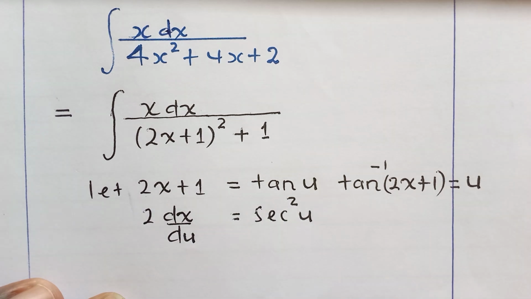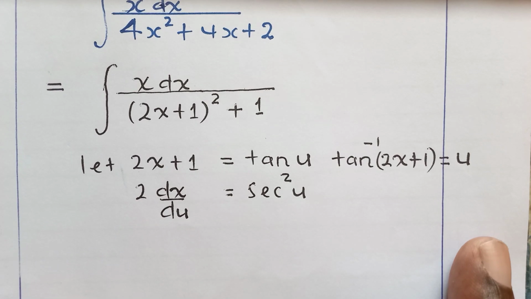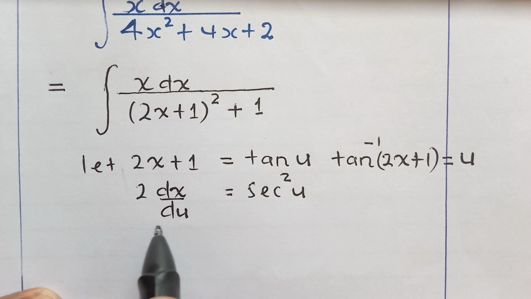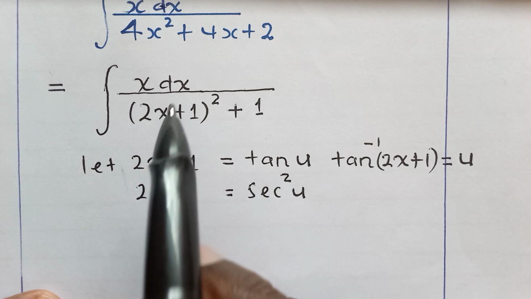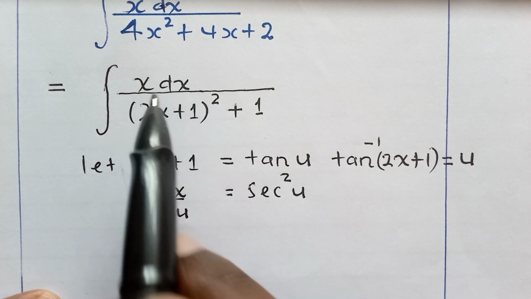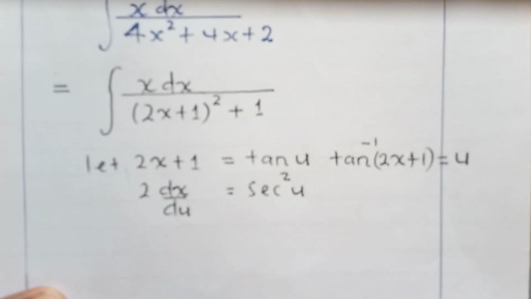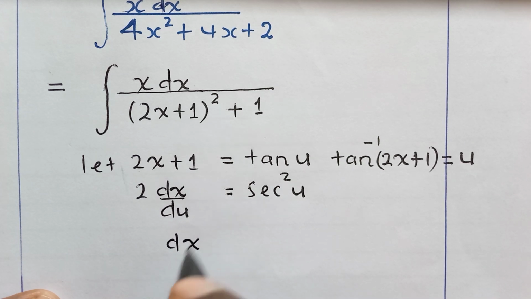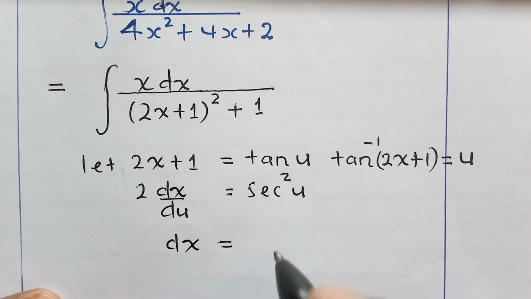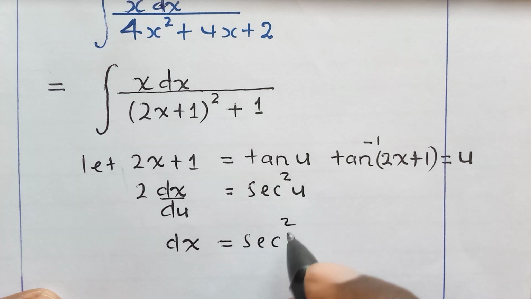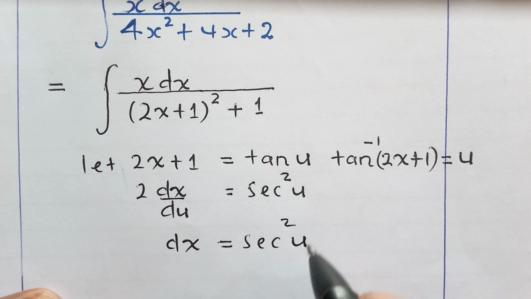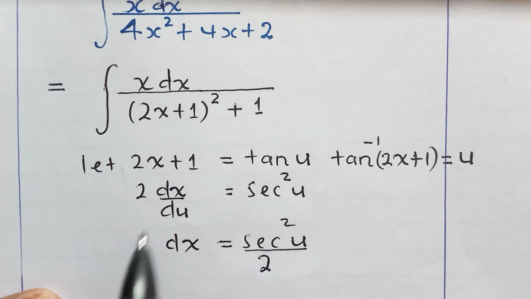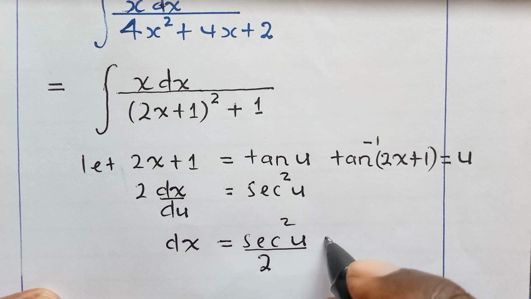This is a constant, so you get 0. Now, because we want to substitute for x, we can say this dx is equal to sec squared u all over 2, and then du will come here.